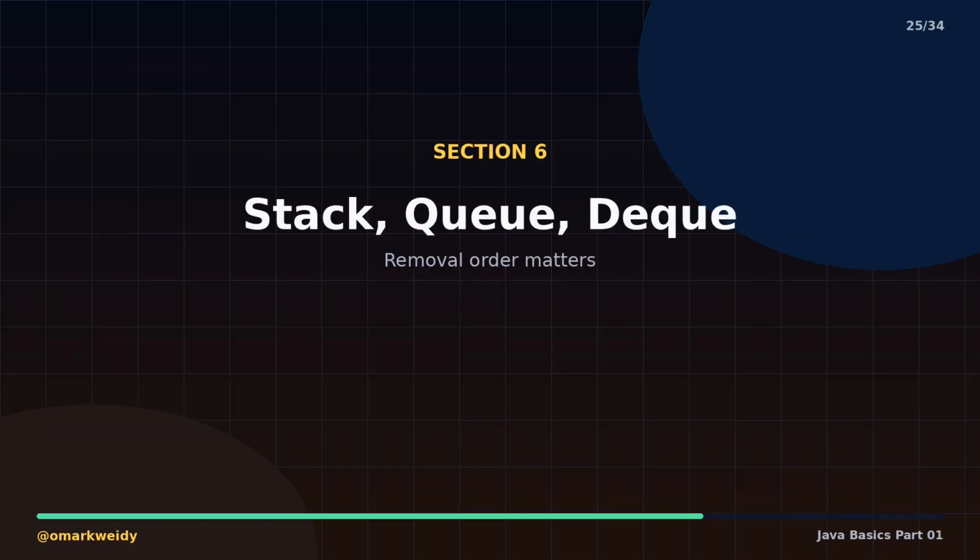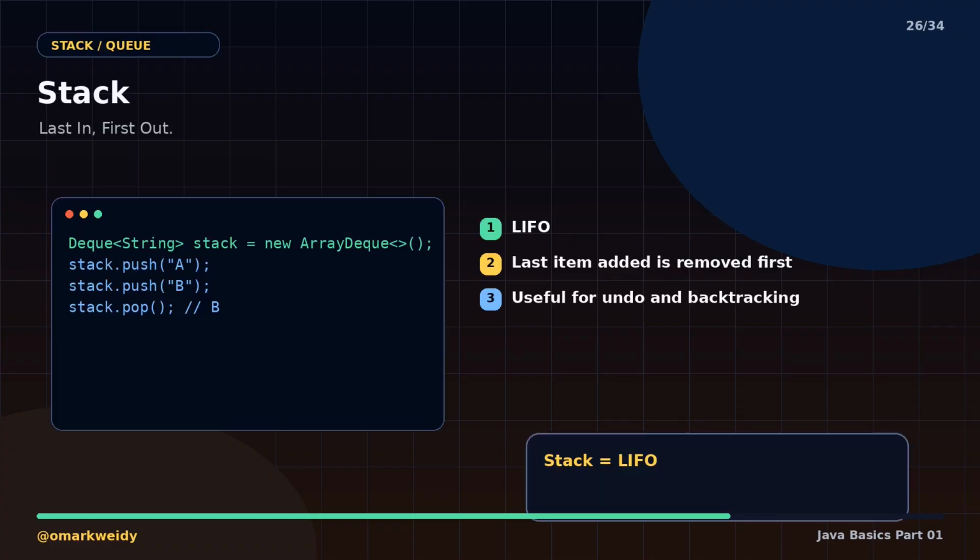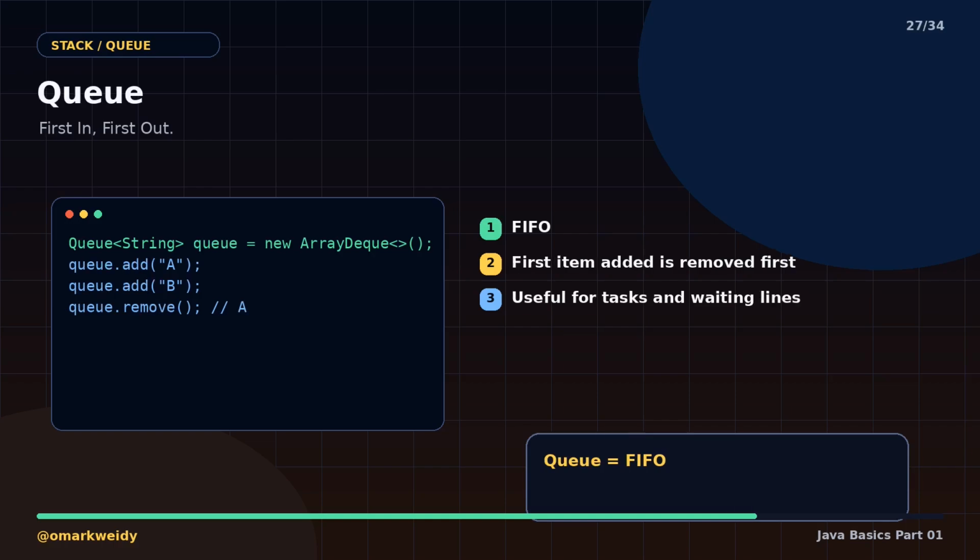Now we talk about structures, where the important question is not only what you store, but in which order you remove items. Stack means last in, first out. The last item you add is the first item you remove. Think about it like undo functionality or backtracking. Queue means first in, first out.